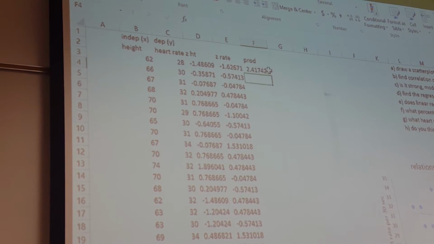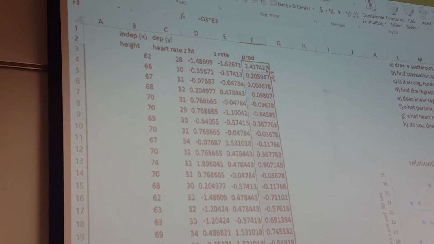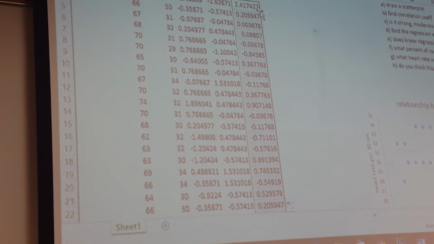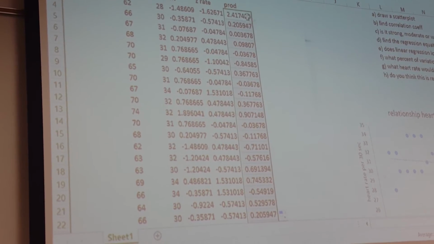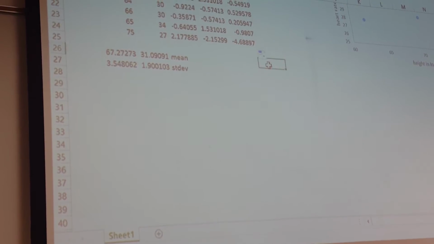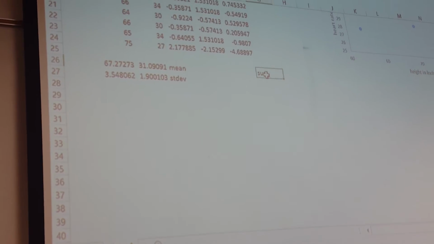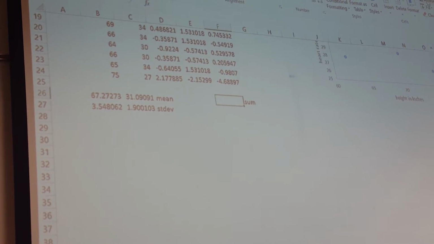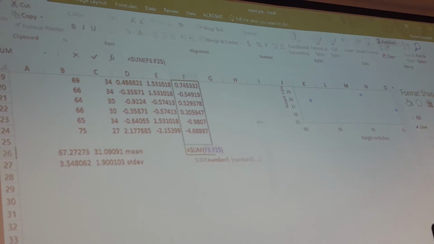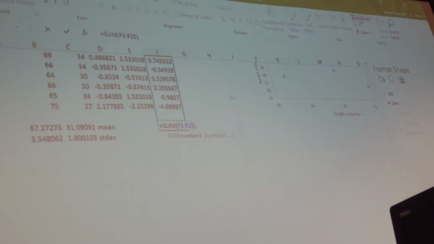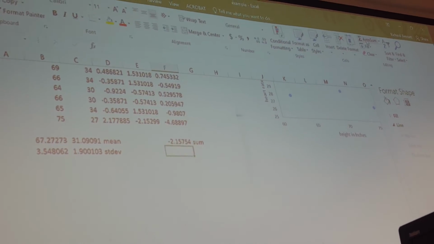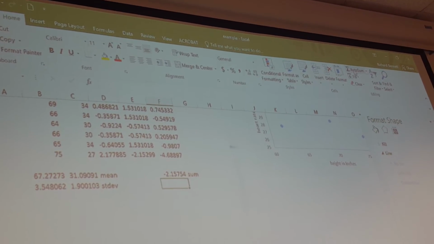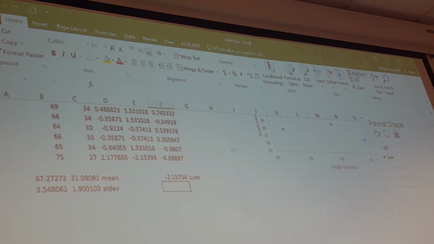Copy that down. Then you have to add them. What's the easiest way to find the sum? Just highlight it and click on that thing right there. It's asking, do you want everything above? Yes, I do. Did you add the two z-scores or multiply them?